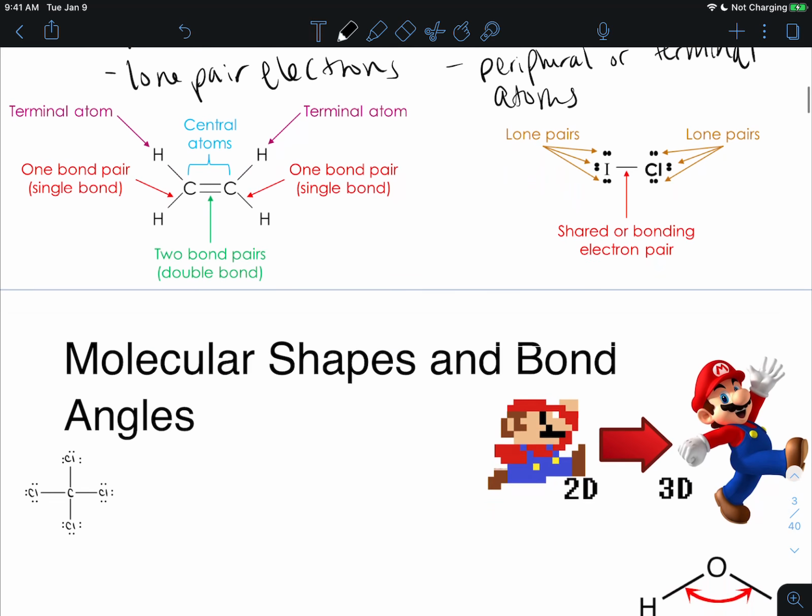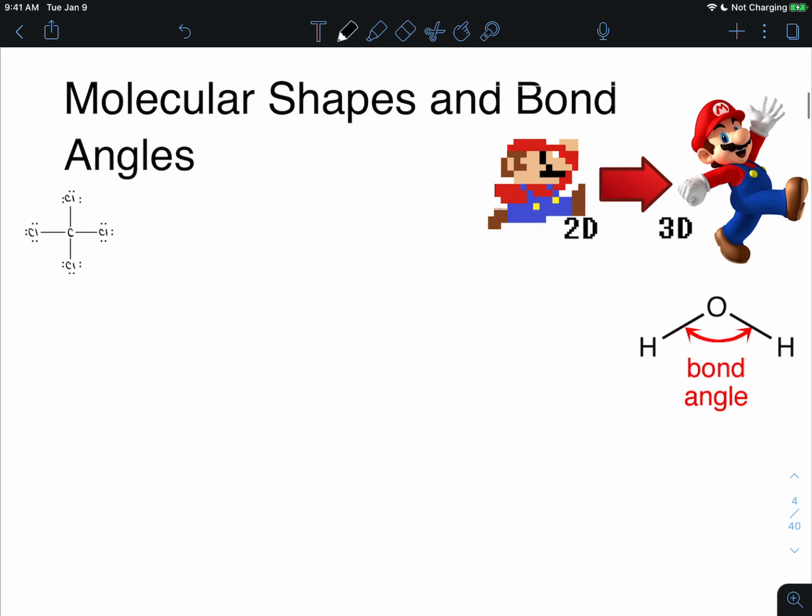Okay. So from our Lewis structure, we can find out what things are bonded to what and where the electrons are. But in order to get to a molecular shape and bond angles, we need to look at more information.